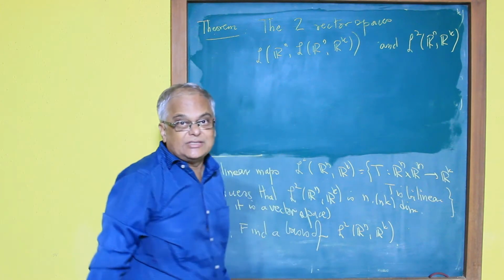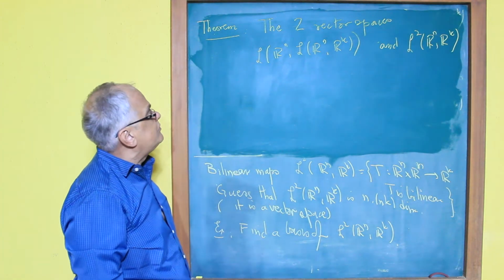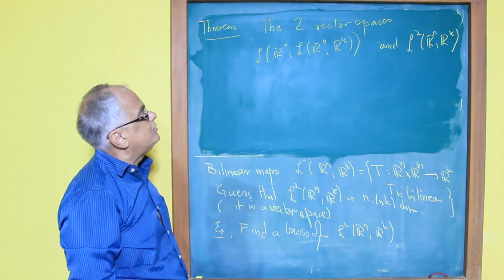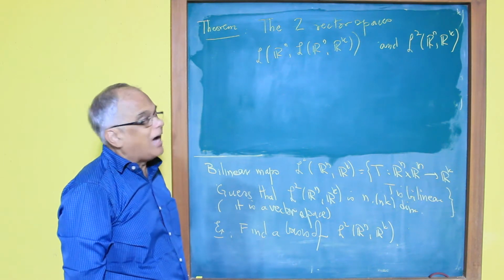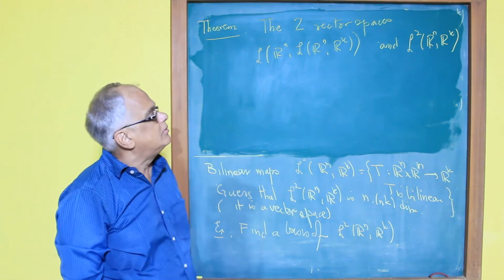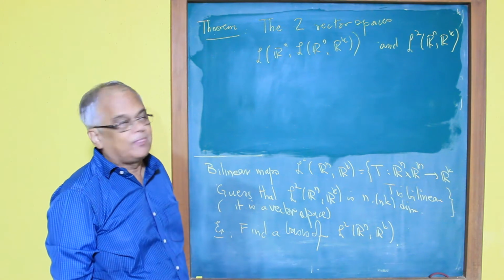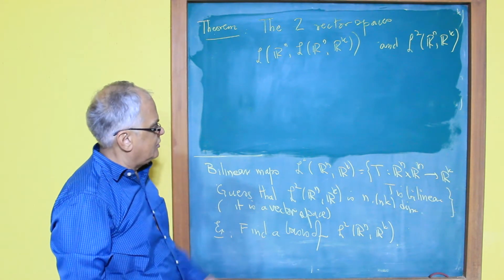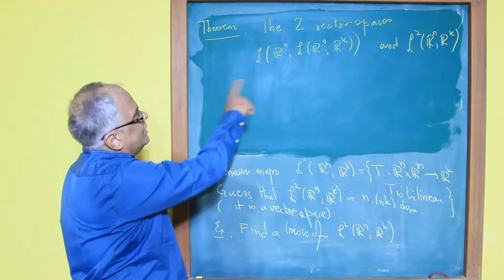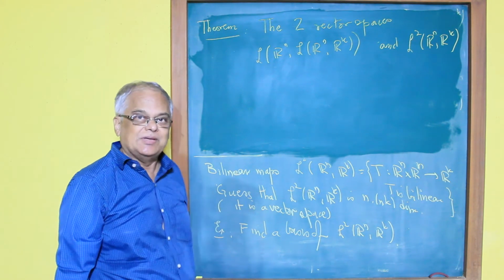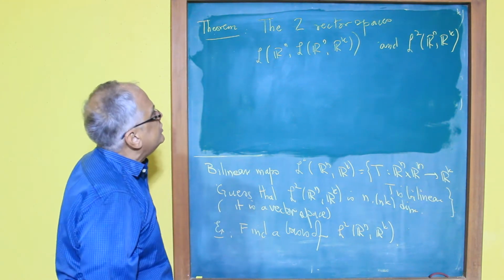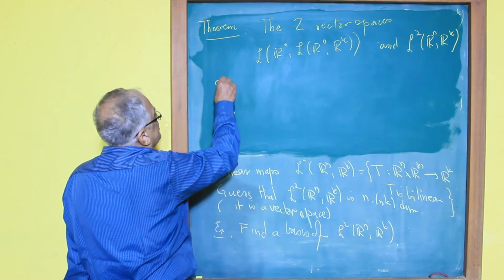Which two vector spaces are we talking about? Linear maps from Rn to linear maps from Rn to Rk, and bilinear maps from Rn to Rk. This is my definition of bilinear maps, and that is a well-defined space.